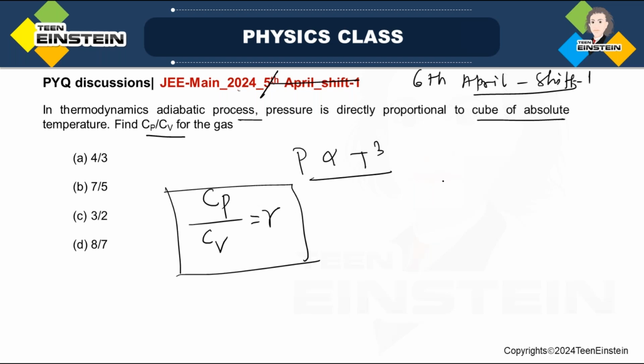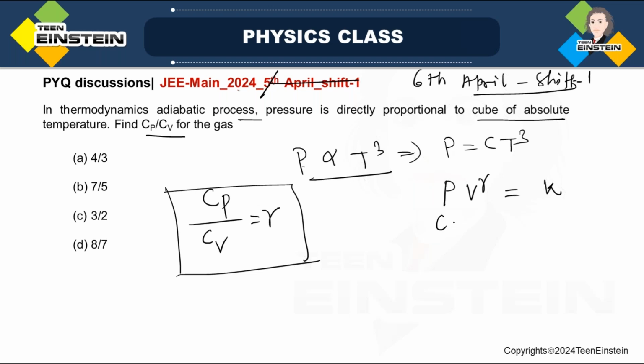See, I know P V to the power gamma is equal to constant, right? Some constant K. Now look, for this adiabatic process, P is like this. So can I write P is equal to C T cubed, where C is some constant?